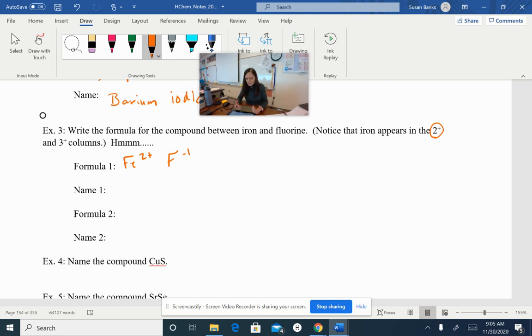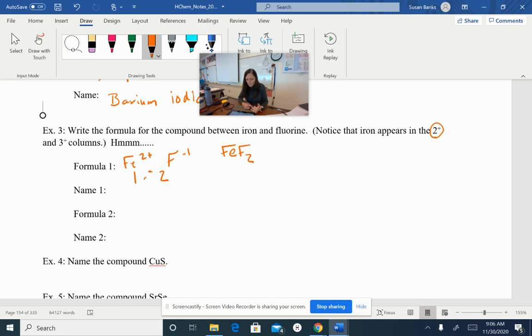The least common multiple of 2 and 1 is 2. So to get to a positive charge of 2, I need 1 iron, and to get to a negative charge of 2, I need 2 fluorines. So the formula is going to be like this, FeF2.